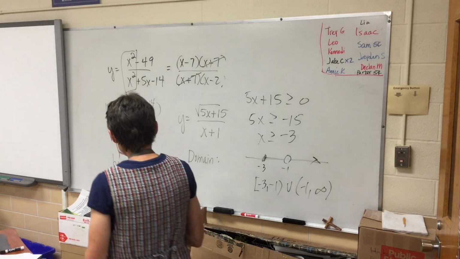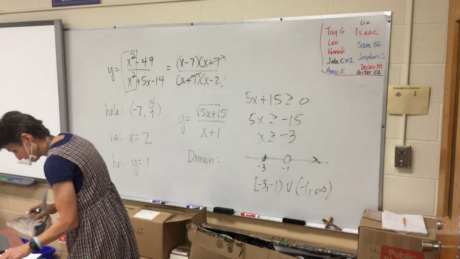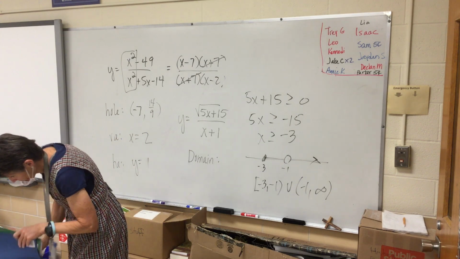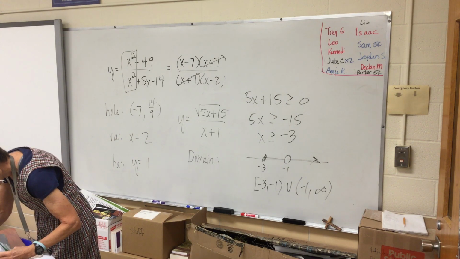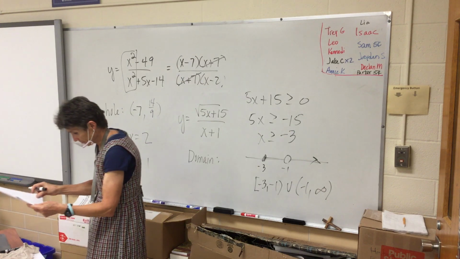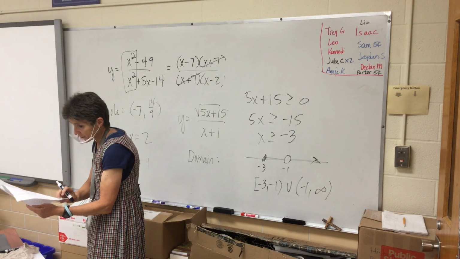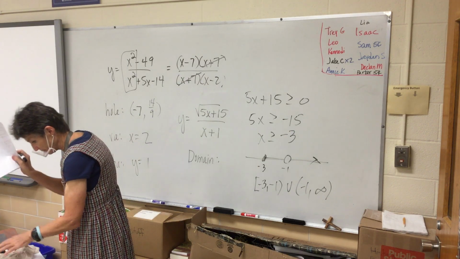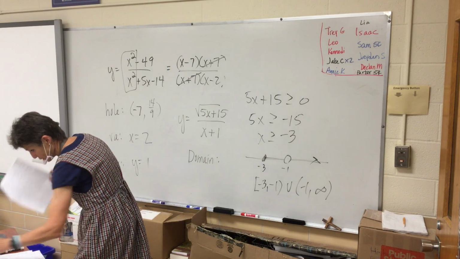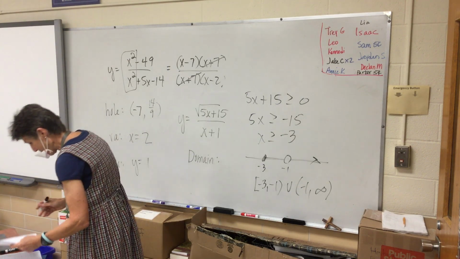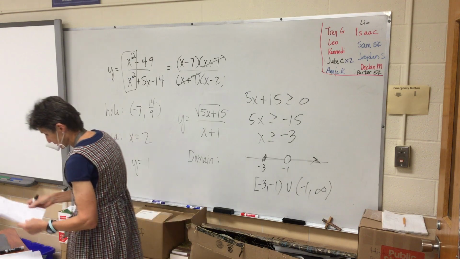All right, okay, so now let's look at, I want to see if I have anything to finish up from my notes. Yes, I would like to do a little bit of notes, and then we're going to do one of these review sheets, okay? So we are back in our notes.